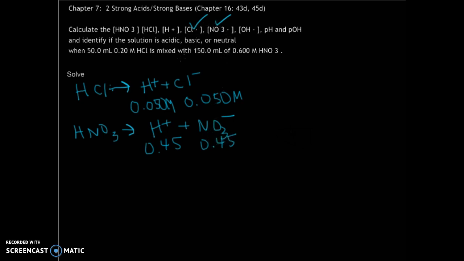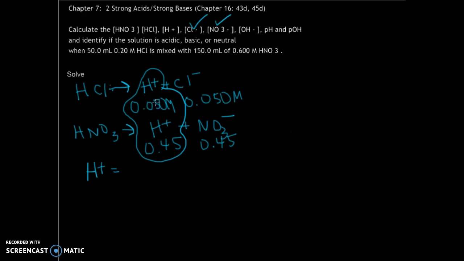Okay? What about these H pluses? There are two sources of hydrogen ions when they're both strong acids. They both contribute. So the total hydrogen ion concentration is the sum of both of those numbers.